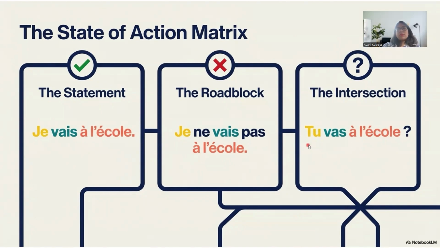In interrogative form, we can say tu vas à l'école, or what was the other form that we learned to ask questions? Do you guys remember? Est-ce que. Very good. Est-ce que tu vas à l'école?